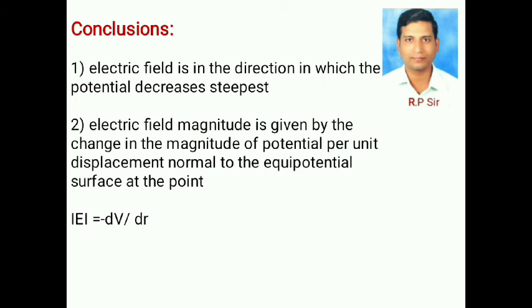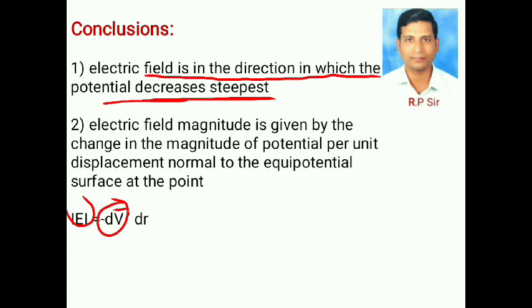From the above discussion, we make two conclusions. Number one, the electric field is in the direction in which potential decreases steepest, and the electric field magnitude is given by the change in magnitude of potential per unit displacement normal to the equipotential surface at the point.